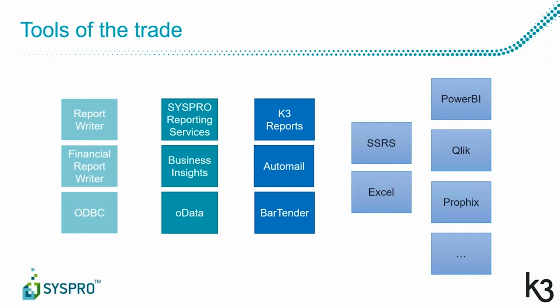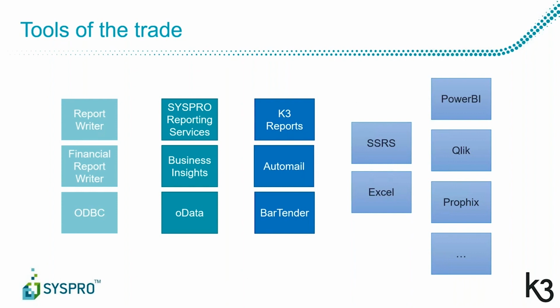As much as we'd like to say that no one uses data outside of SYSPRO, Excel is still probably used predominantly in a lot of areas within the business. You may have had some additional analytics, Power BI, Click, Profix for budgeting, financing. There may be additional tools as well. So there's a lot that's available in the toolkit.